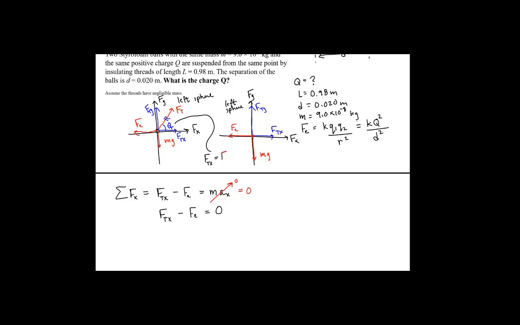So that means that our x component of tension is equal to the magnitude of tension times the cosine of the angle that the tension makes with the x-axis.